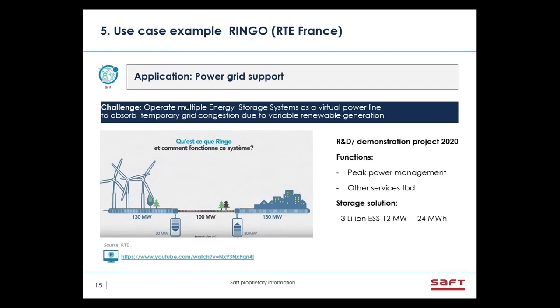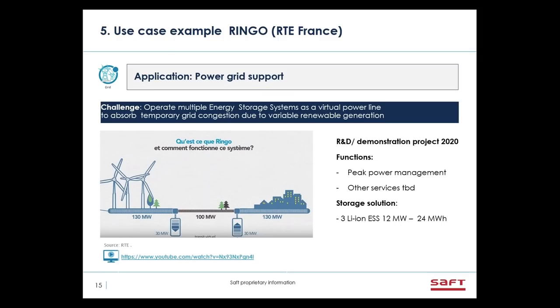And it is based on the little schematic you can see here, and which you can see in more detail on YouTube. The idea is to transport a highly varying amount of renewable generation via a virtual power line, represented by 2 battery storage systems.